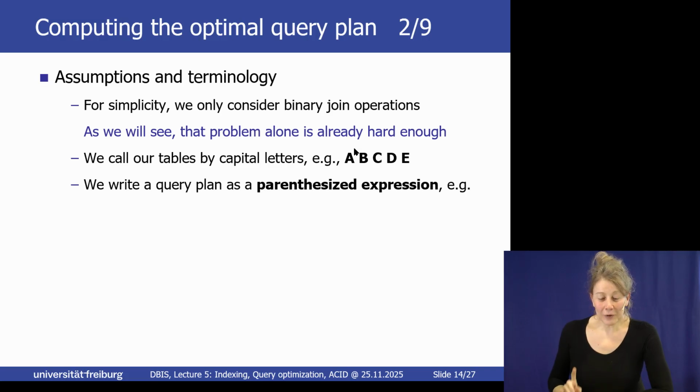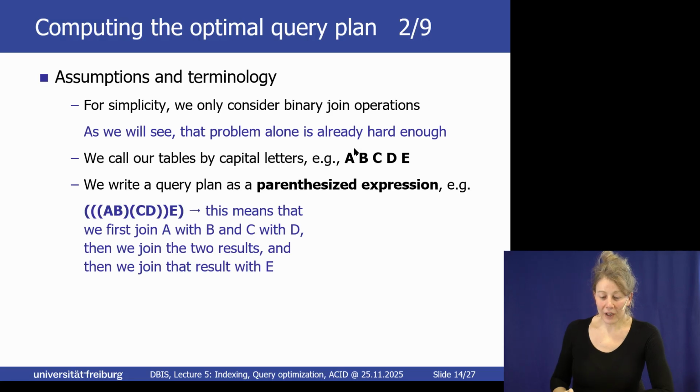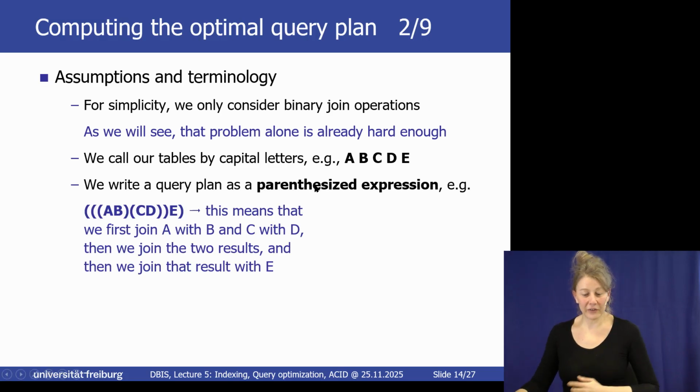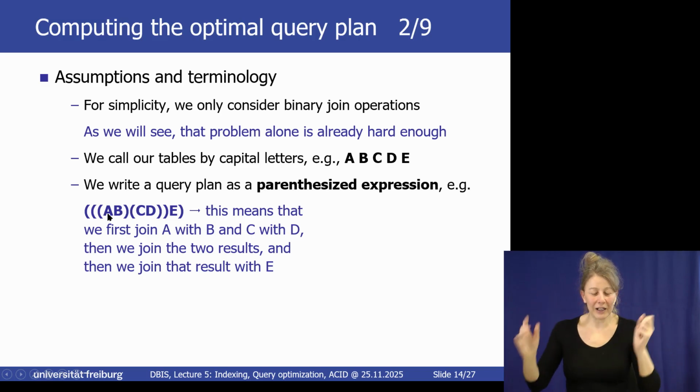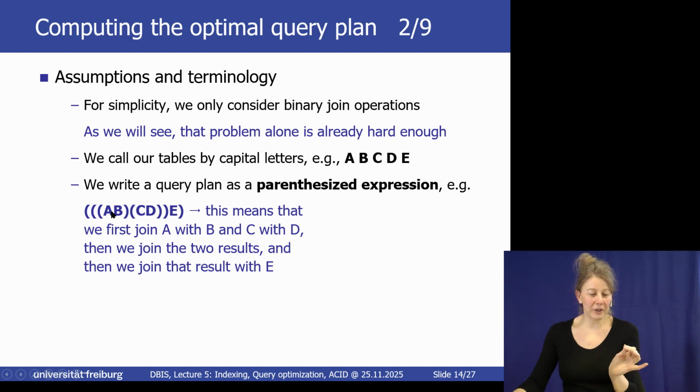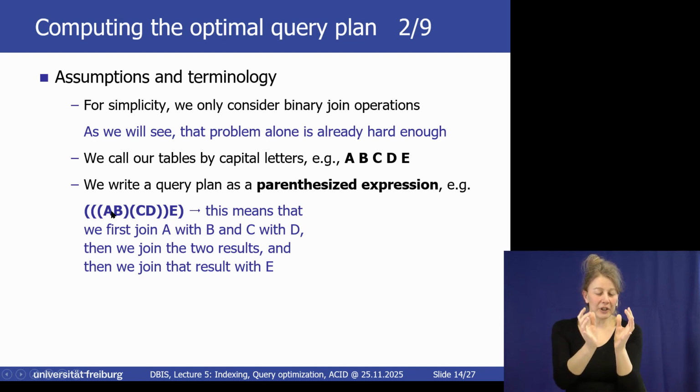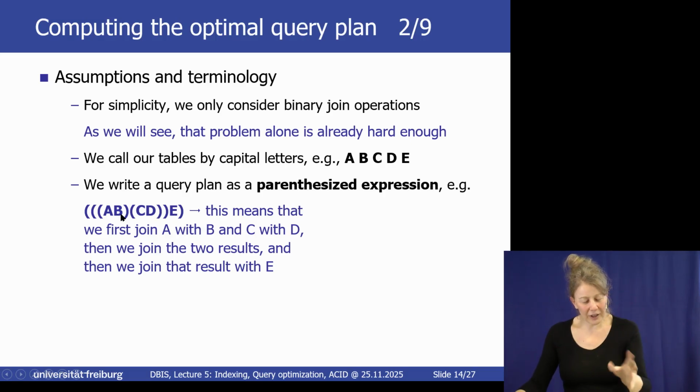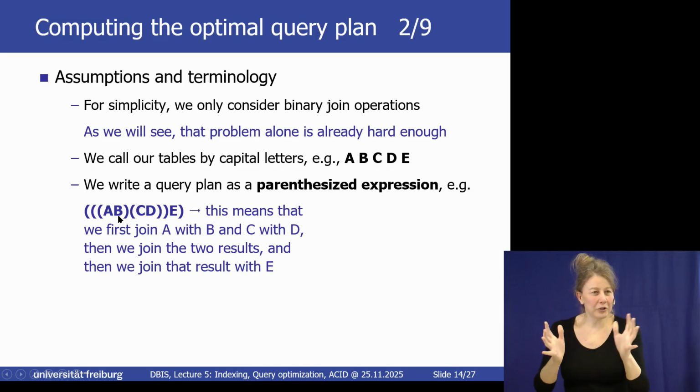And we will write query plans as parenthesized expressions, like this. And this is actually easy to understand. Think of an algebraic expression. This just means first join A and B. A, B are tables. I'm not even putting commas here or anything. If it's capital letters, it's easy enough to read. The more you put in there, join, comma, it becomes harder to read.